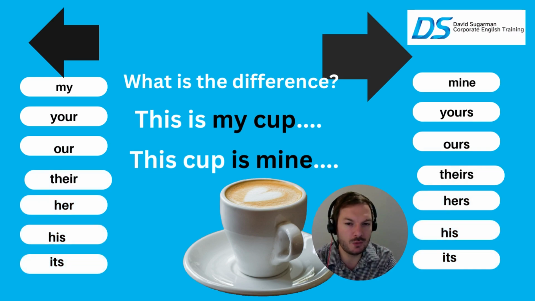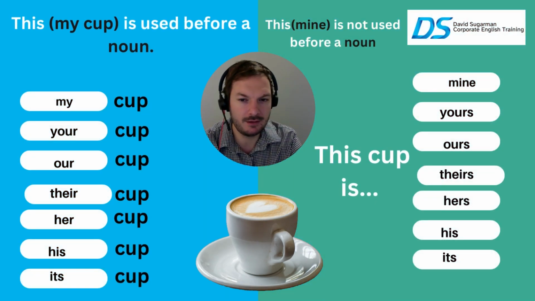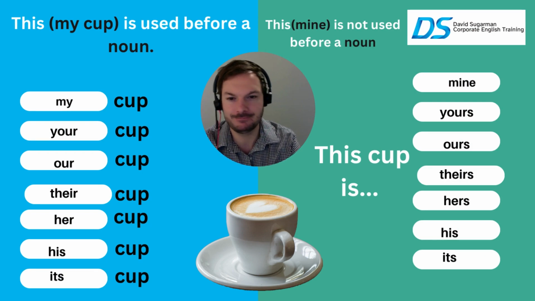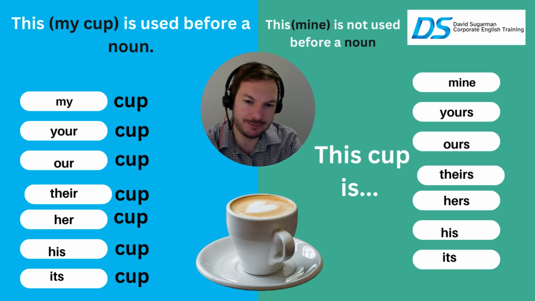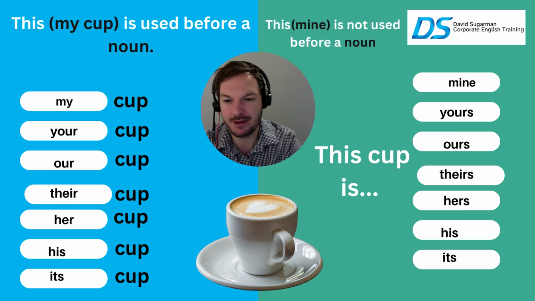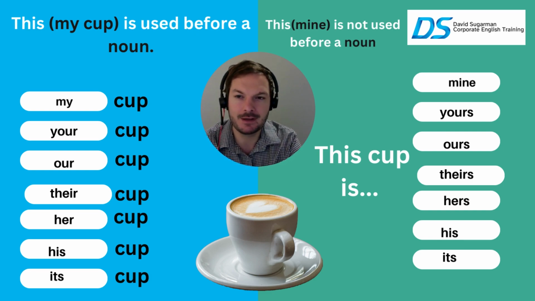So, what is the difference? This is my cup. This cup is mine. This is used before a noun, meaning my cup, your cup, our cup, their cup, her cup, his cup, its cup.